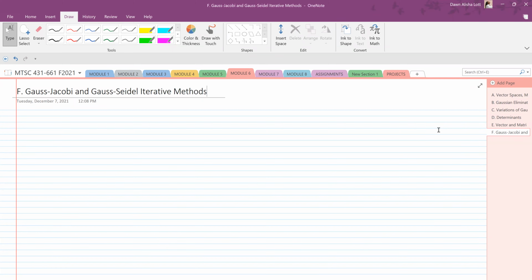I tended to like these when I was learning these. All right, so let's say we're given the system AX equals B. So we're going to do Gauss-Jacobi first.